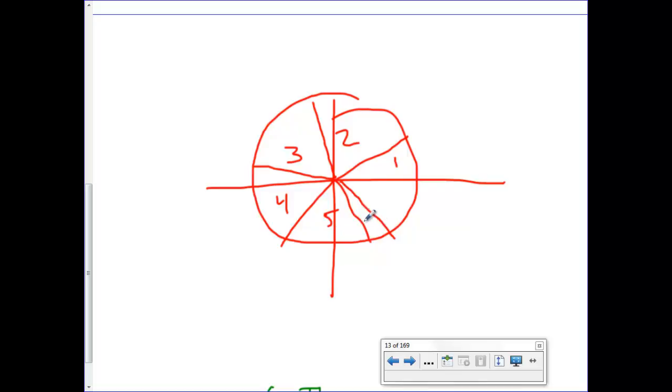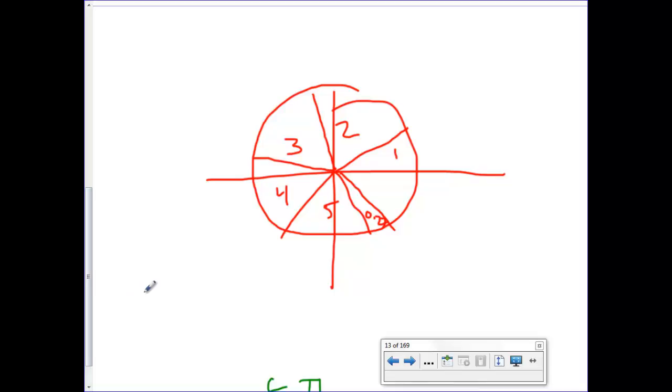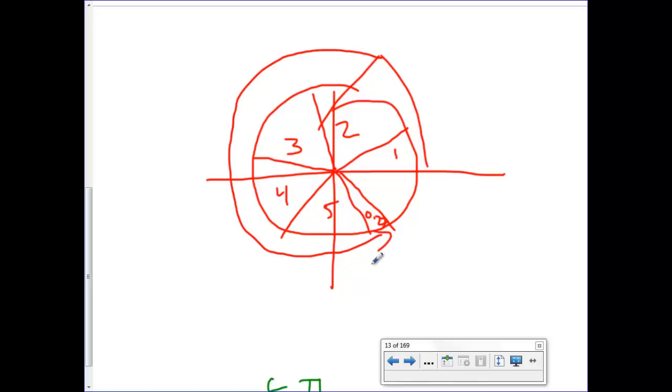And then it was supposed to be like 5.27? 6.28 would be the whole thing though. Okay. So does that make sense that all the way around here is 5.27? So like 310. It should be 300 something degrees.